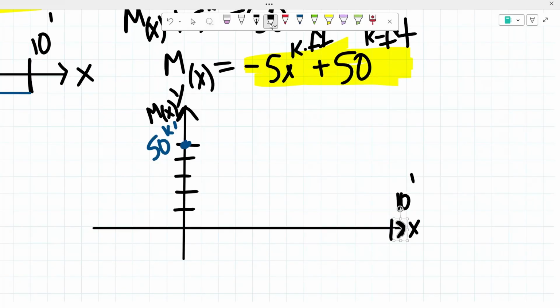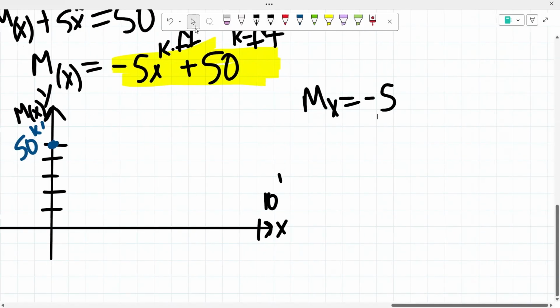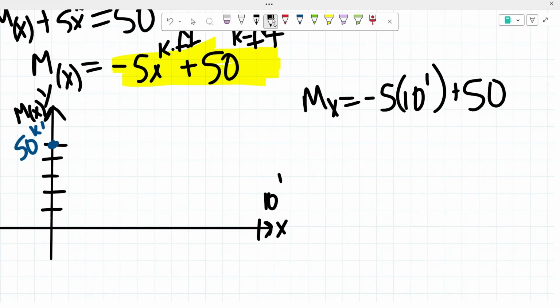So if we were to use that equation right there, m of x will equal negative 5 times, we want the ending, so times 10 feet plus 50 kip feet.